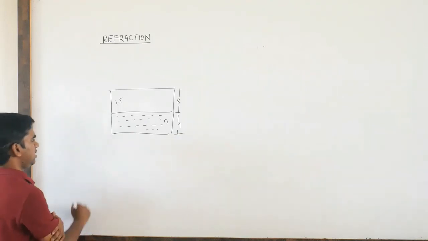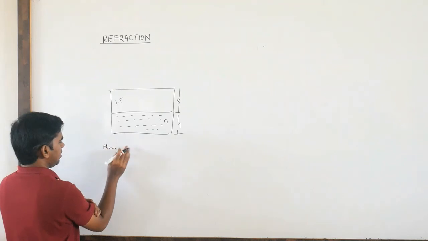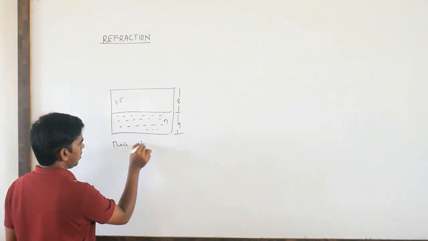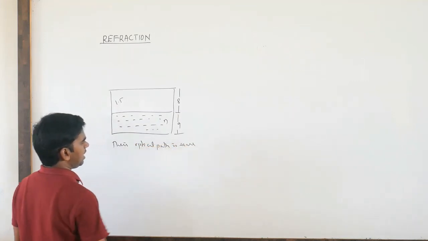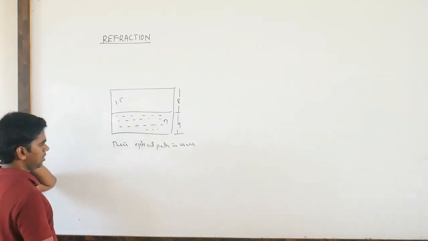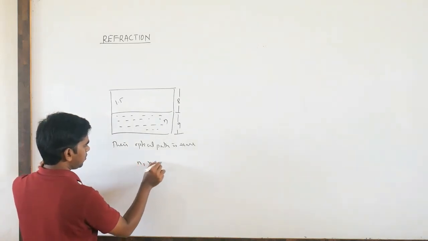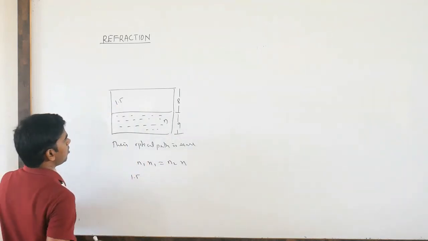So what condition will they give? Light has the same optical path in both the media. If this is the case, we know that n1 x1 equals n2 x2. What is n1 here? n1 is 1.5.